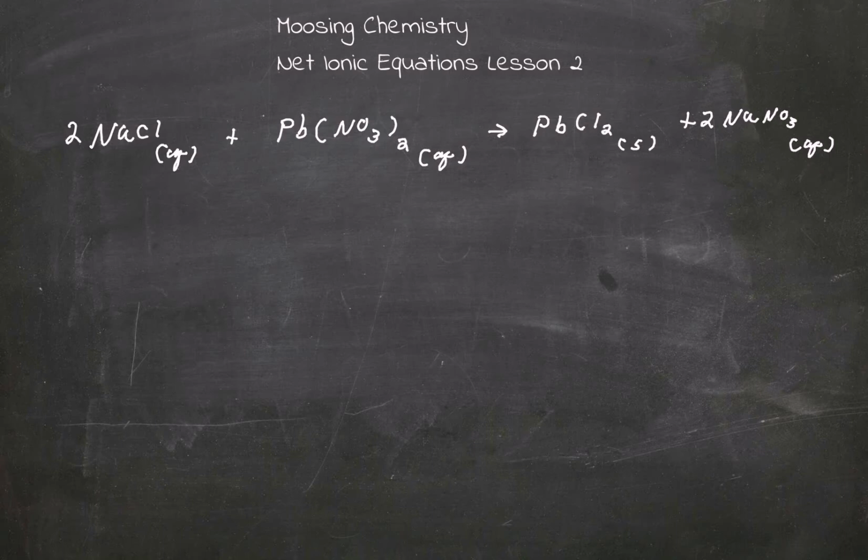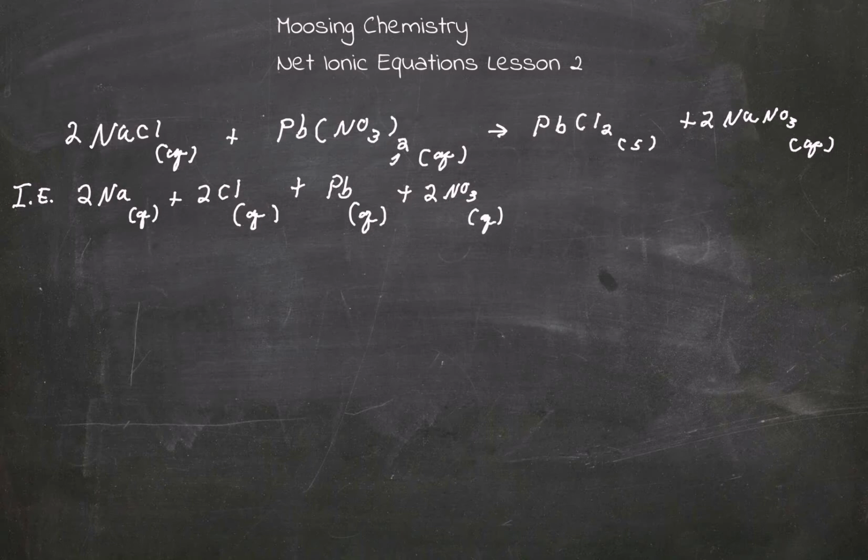So let's go ahead and get rid of these arrows here. When we write the net ionic equation, we have to first go through something called an ionic equation, which we'll call the IE. So this would be 2Na+ (aq) plus 2Cl- (aq) plus Pb2+ (aq) plus 2NO3- (aq).